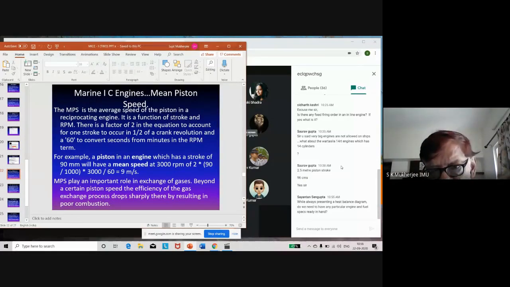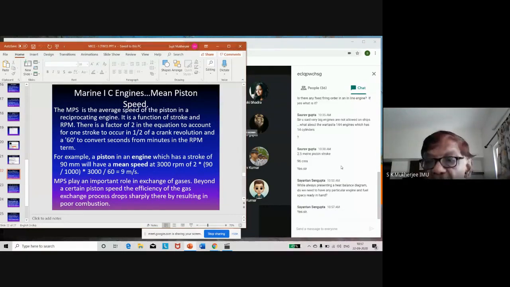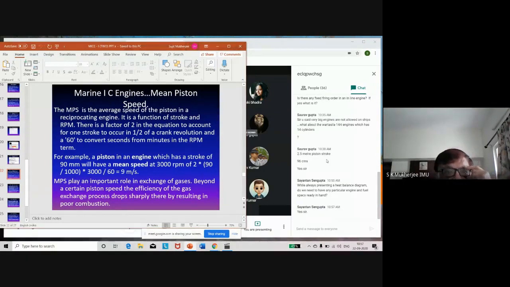The figures given are related to engine performance and to the quality of the fuel used. So you will get much more credit if you can explain a heat balance diagram with technical data relating to both the engine and the fuel. Okay, Sengupta, is it clear? Okay, he has given his clearance.